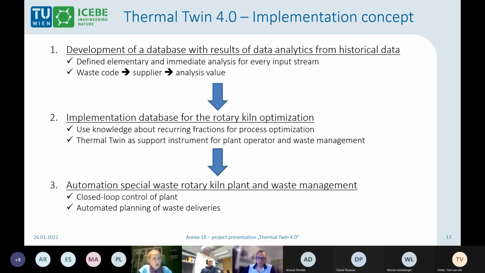I'm not sure about these special waste plants, but for typical household waste incineration, I know that there is a lot of operator knowledge contributing to good conditions in the plants. So is that something that happens in this project too, that there's a lot of operator knowledge that you have to take into account, or is this not the case for these special waste types, these more dangerous waste types than conventional residual waste?